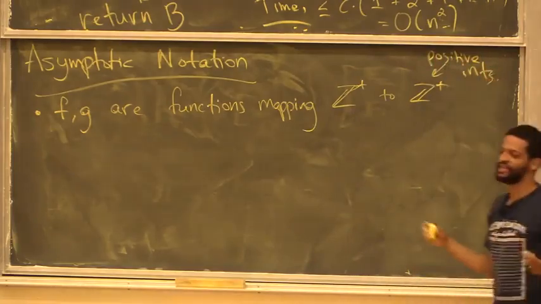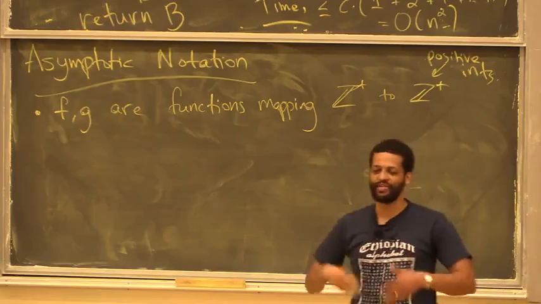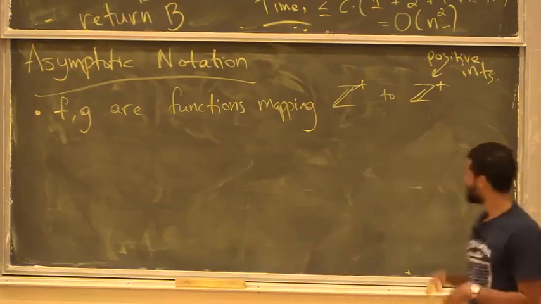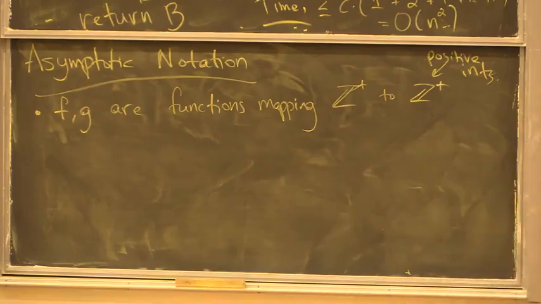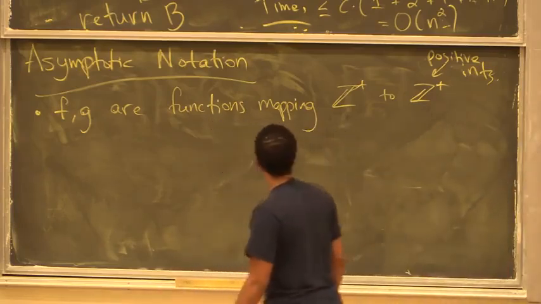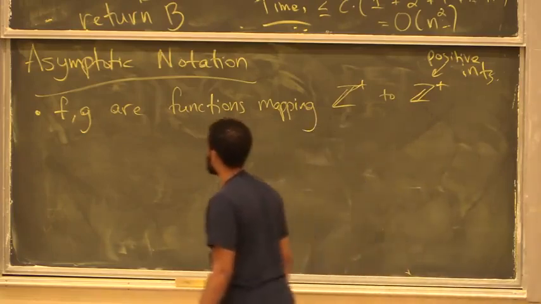There's a more general definition that applies to functions that could have arbitrary real output, and they could even be negative, but it's not super relevant for the class. I think you might get some practice with that in discussion anyway. So how do I compare them?